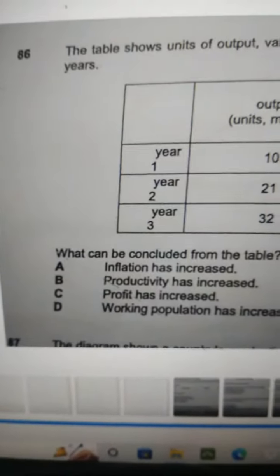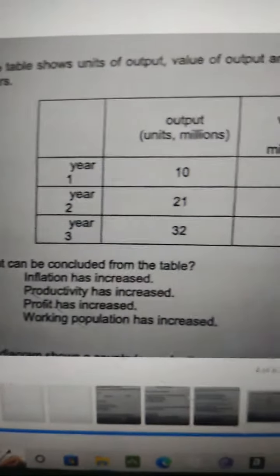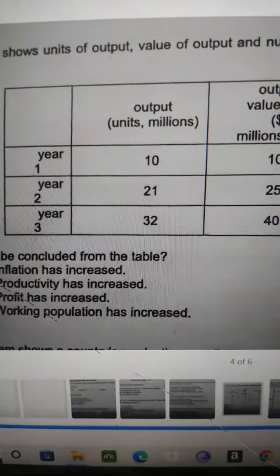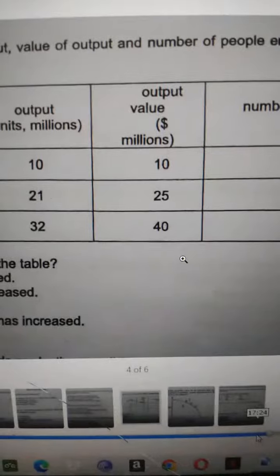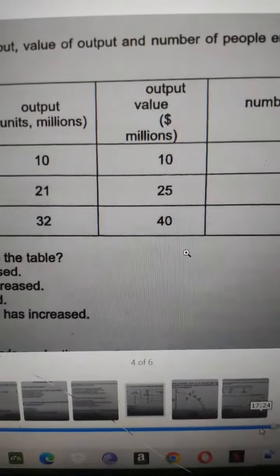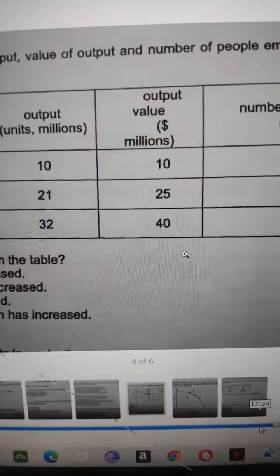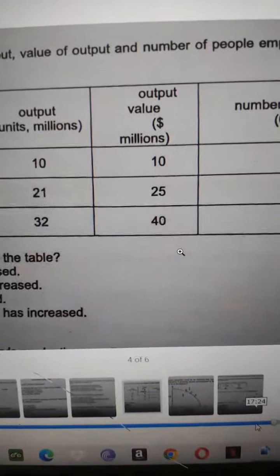There are three columns, basically four columns. The first one is year 1, year 2, year 3. First year, second year, and third year. Output is given in units. And the third column is very confusing. It is given output value. It is not the number of units produced. It is the output which is produced in value, how much it is.